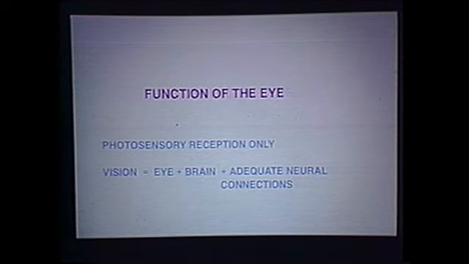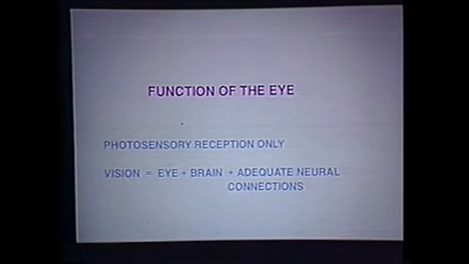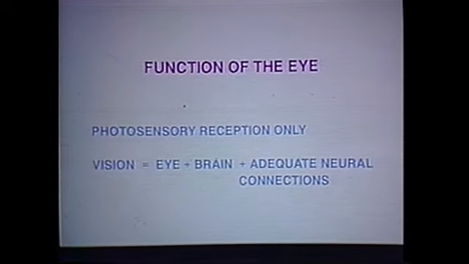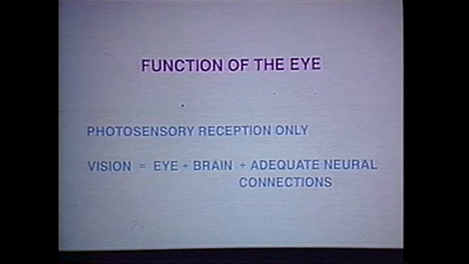It's important to remember that the eye has only got one function, and that is photosensory reception. It doesn't do anything else as far as we know. It doesn't secrete hormones. It doesn't have any direct action on any other part of the body, like many organs in the body do.